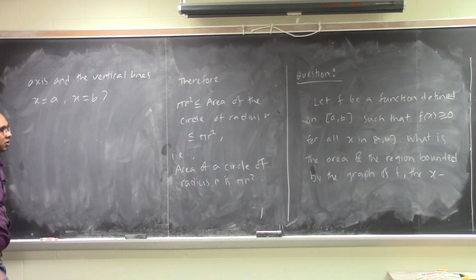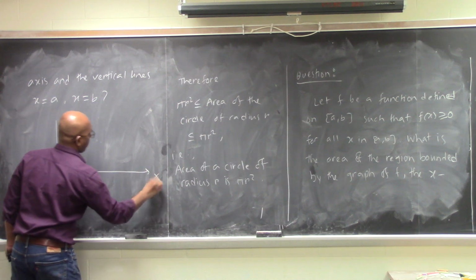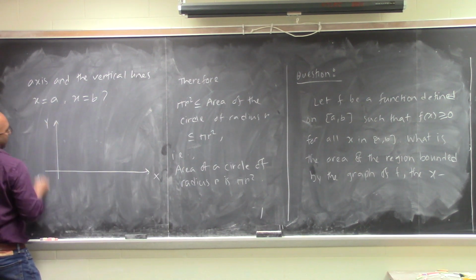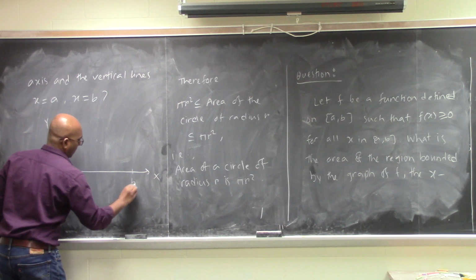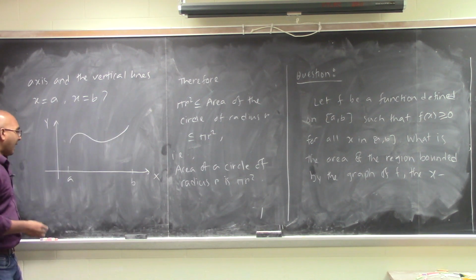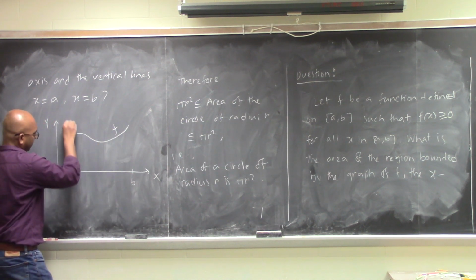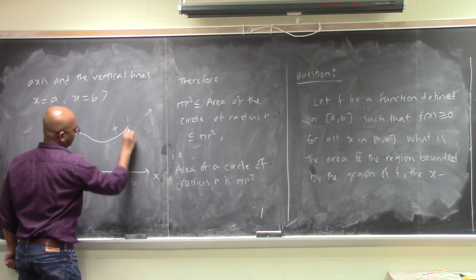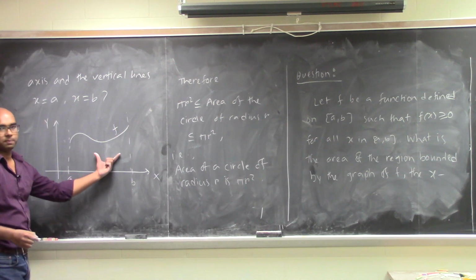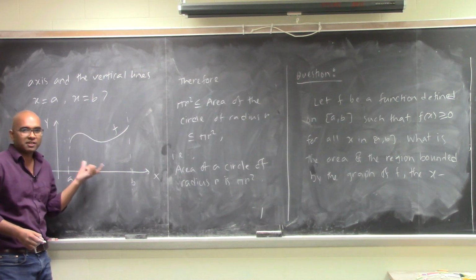Okay, so in other words, we mean this thing. We have a function like this. Okay, and this is the x-axis, this is the graph of my function, and this is the vertical line x equals a, this is the vertical line x equals b, and this region. How are we going to figure out this area? Isn't it crazy?